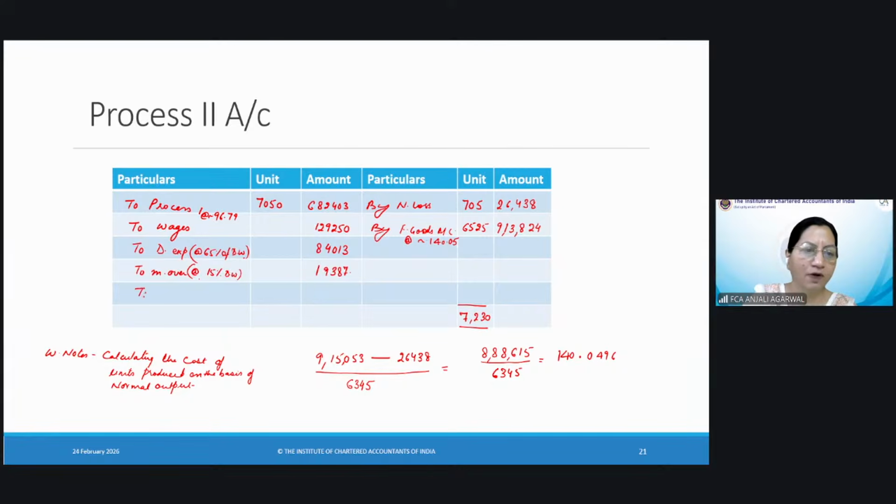So there is an abnormal gain. And the abnormal gain is of 7050 minus 7230, which we have done in the working note initially also. So it is 180 units.